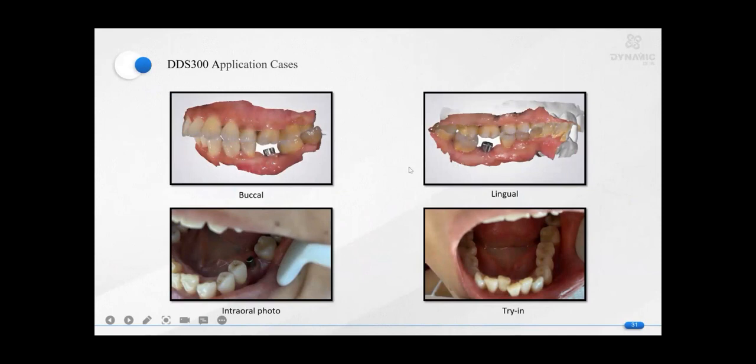The two photos above are the screenshots of the data scanned by the DDS300. It's very clear and completely vivid. The color sensitivity displayed by the model can be clearly seen.